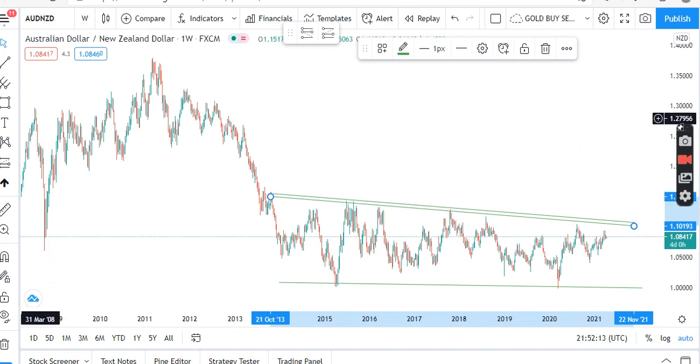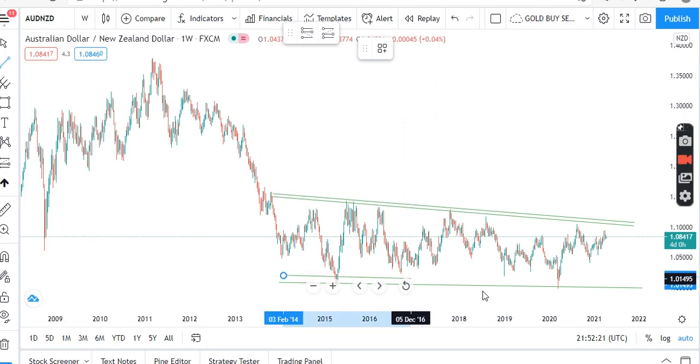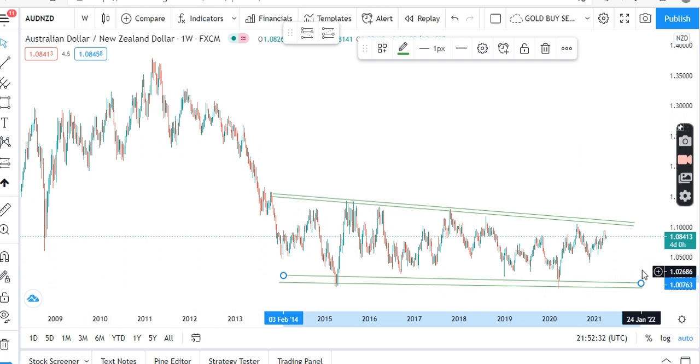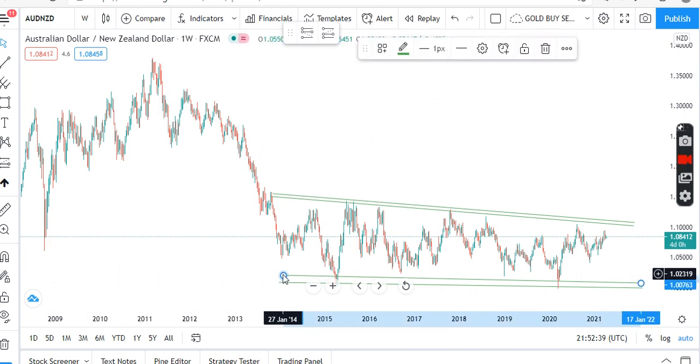Then also draw the bottom one so that our area of focus is enhanced. It's bigger. So we have our diagonal support and our diagonal resistance, and we've seen that price is actually trading through this. It just keeps bouncing off these walls here.